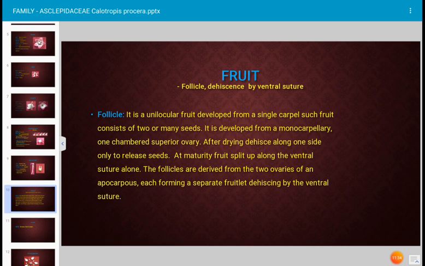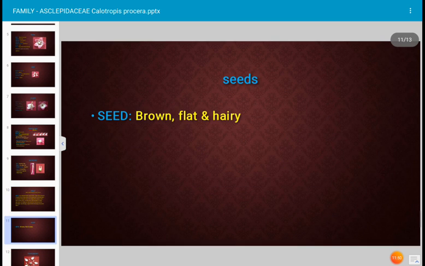The follicles are derived from the two ovaries of an apocarpous gynoecium. The ovary is apocarpous type, each forming a separate fruitlet dehiscing by the ventral suture. This is the follicle type of fruit which occurs in Calotropis procera. And how are the seeds?